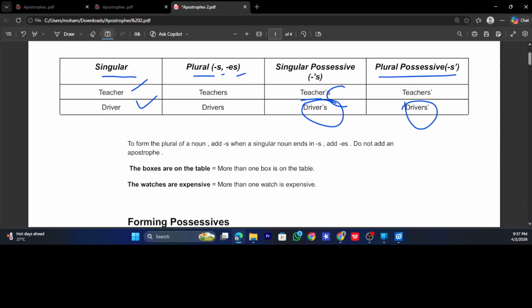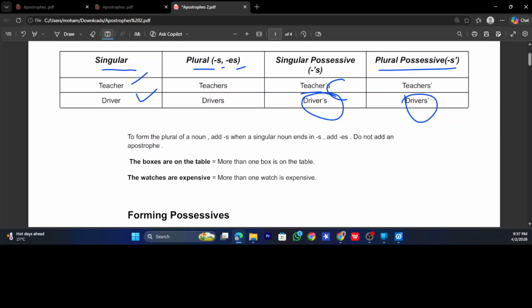So to form the plural of a noun, when a singular noun ends in s, add es. Do not add an apostrophe. Here are some examples. The boxes are on the table.